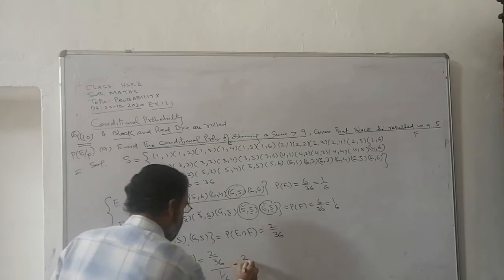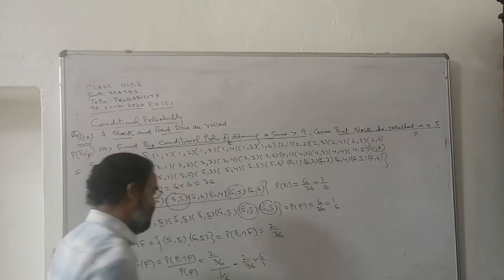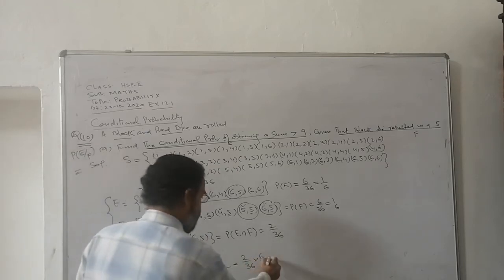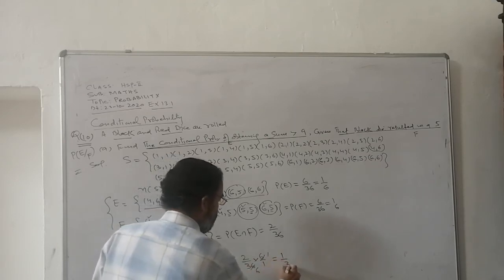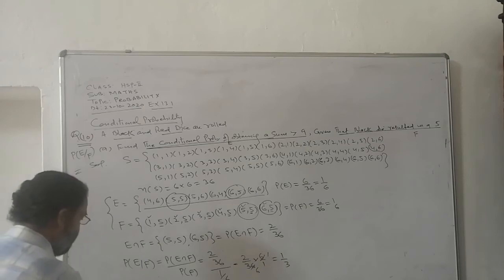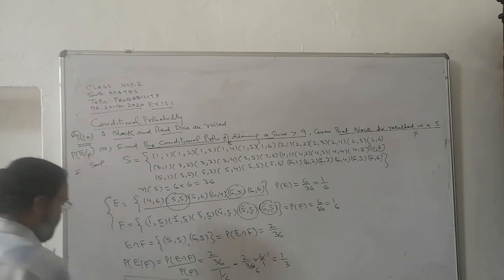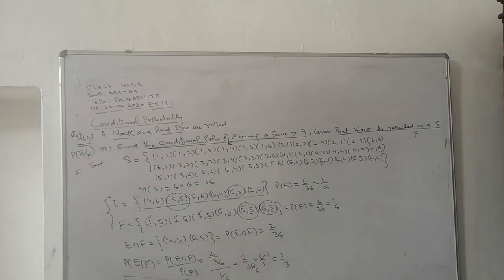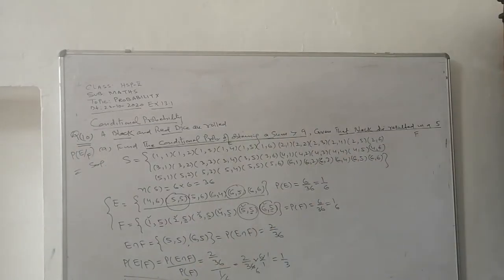So this will be 2 upon 36 into 6 upon 1, that is 1 upon 3. So the probability of E given F is 1 upon 3. In this way, the conditional probability of this question can be calculated.